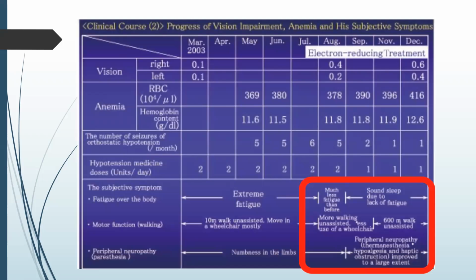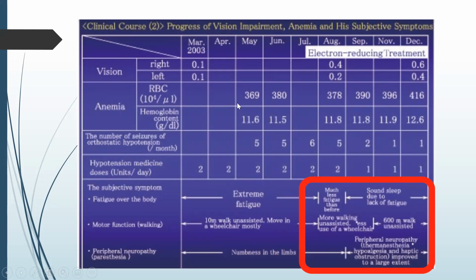As for the vision impairment, anemia, and all the other complications, you can see here. This one is for the vision, because he had vision impairment too. At first, his right eye could only see 0.1. After he used this treatment, the vision improved, up to 0.6 and 0.4.